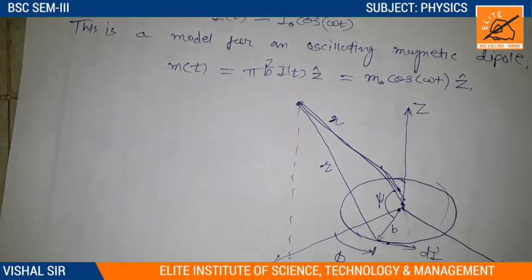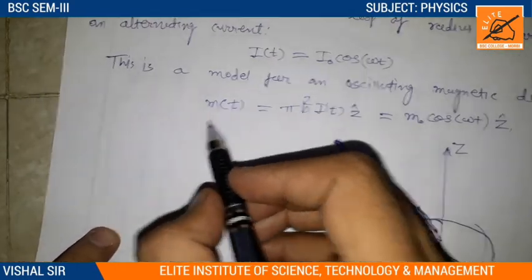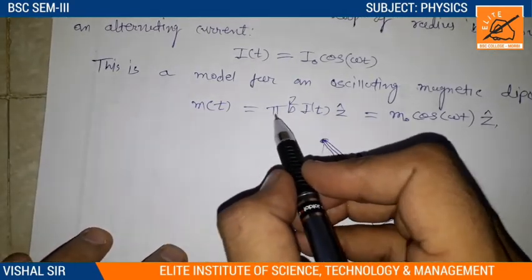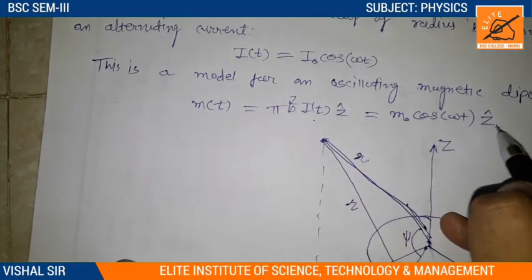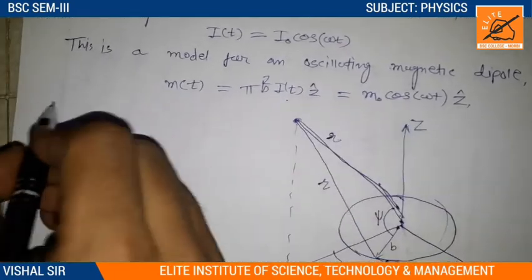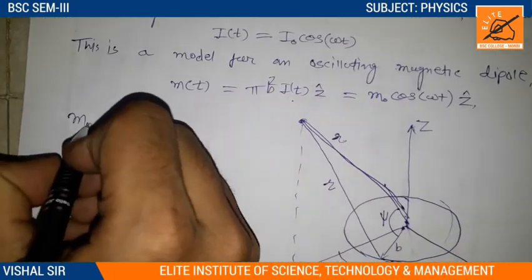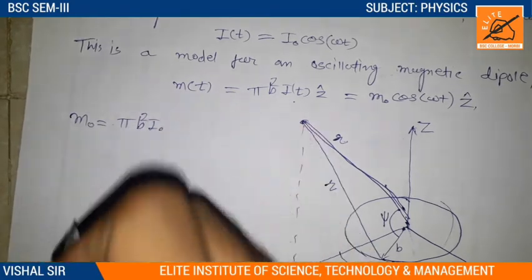Now we have seen this equation m of t is equal to pi b square into I of t into z cap is equal to m0 cos omega t z cap. But what is m0? Here I am writing m0 is equal to pi b square into I0.